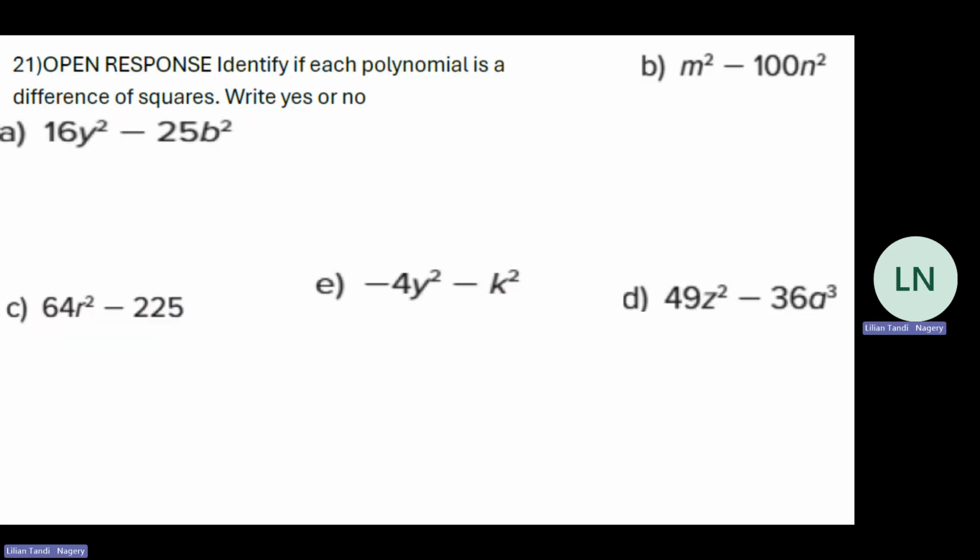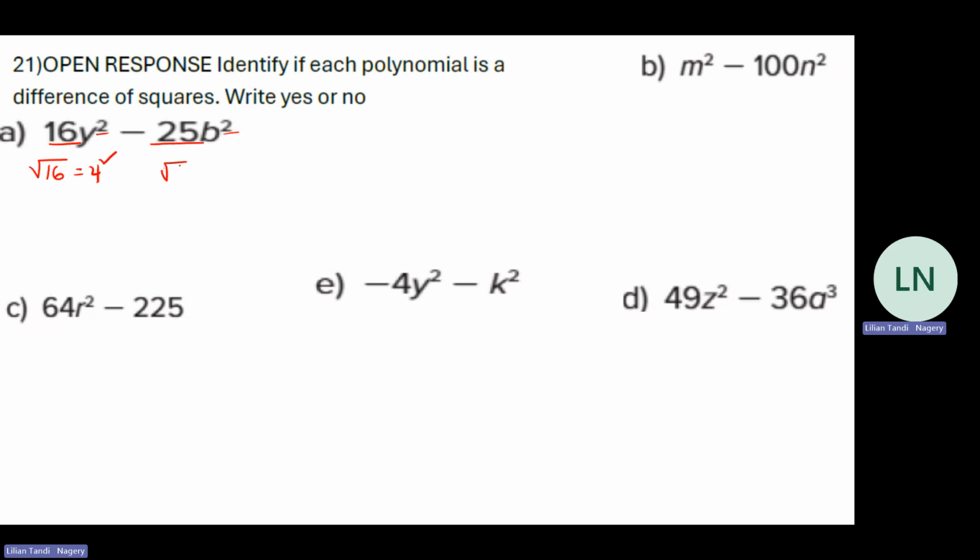So here we've been asked to determine which of these are difference of squares. You can just see by looking. If it has an exponent of 2, then you check if they're perfect squares. The square root of 16 is 4, so it's a perfect square.